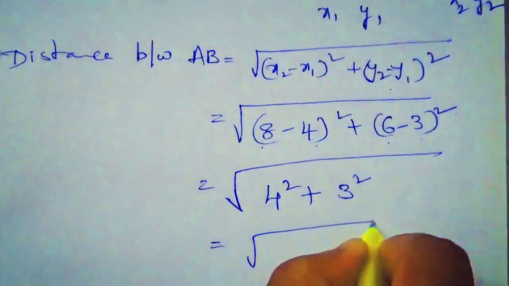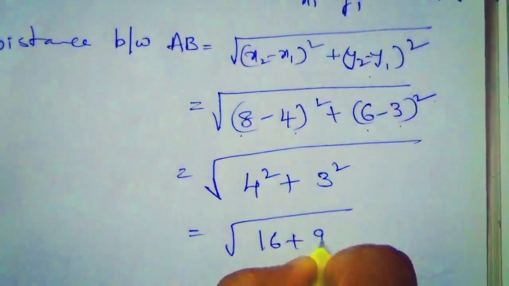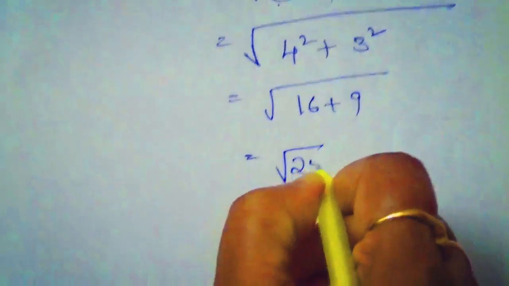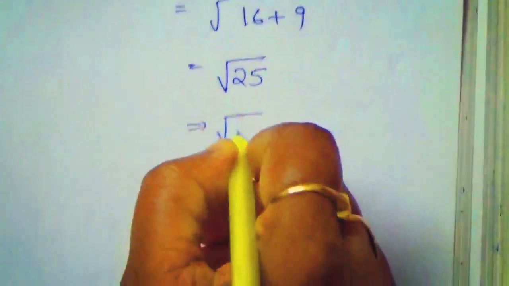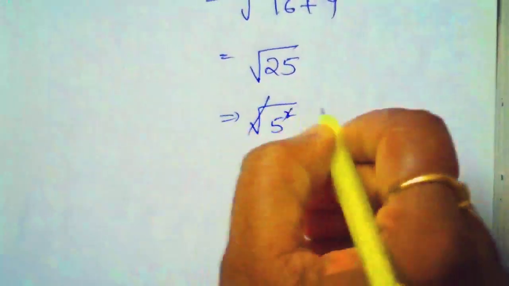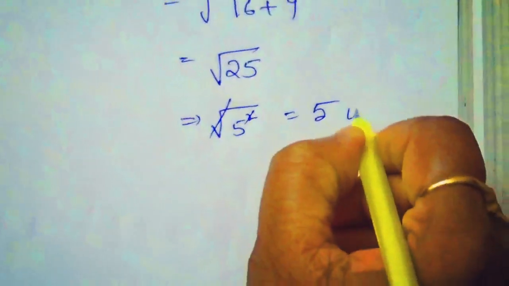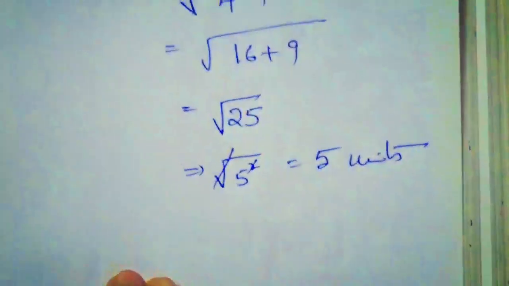That implies the square root of 16 plus 9, which is the square root of 25. We can write 25 as 5 square, so the square root cancels, giving 5 units. It is the solution for example 3.